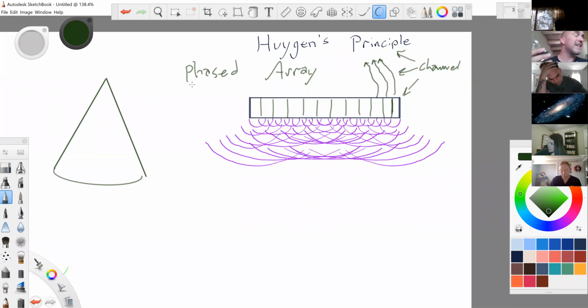So shape and number of active elements. Okay, 100 to 300 elements. The width of each element is 1/4 to 1/2 of the wavelength. So the width is 1/4 to about 1/2 of one wavelength.